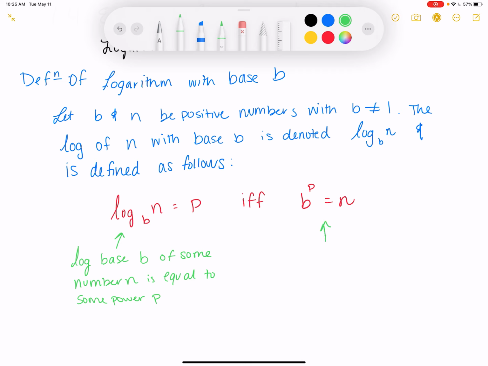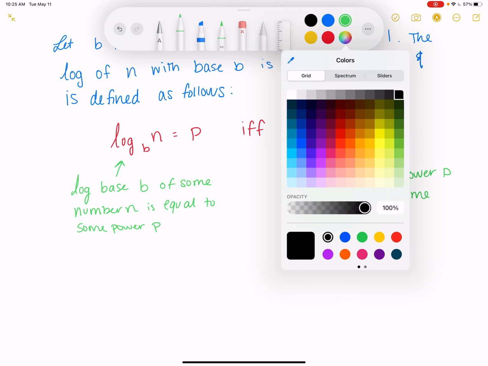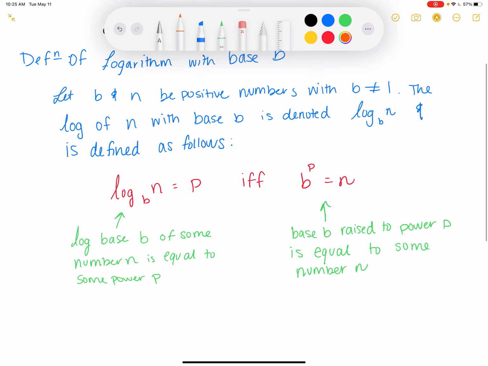Then over here, base b raised to power p is equal to some number n. You said if and only if is what I have, right? Yes. I just finished writing the black.